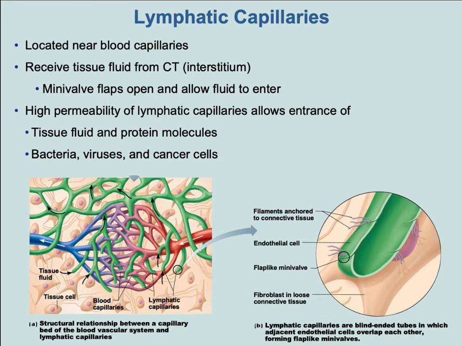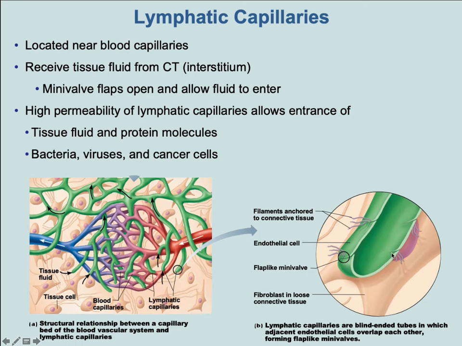Like blood capillaries, their wall consists of a single layer of endothelial cells. Their high permeability results from the structure and arrangement of the endothelial cells. Specifically, they have very few intercellular junctions.